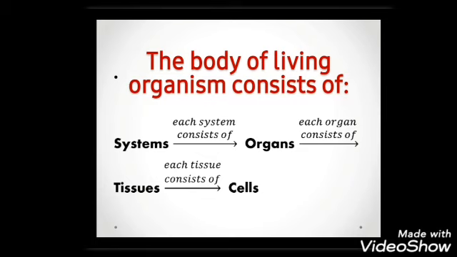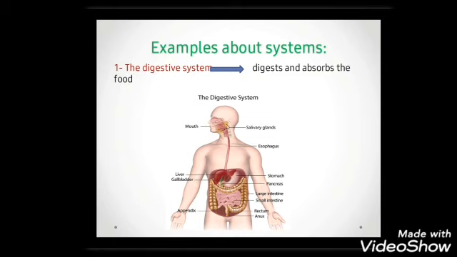You can see some organs, and the other organs inside our body, we can't see them. And the cell is the smallest building unit in the human body.